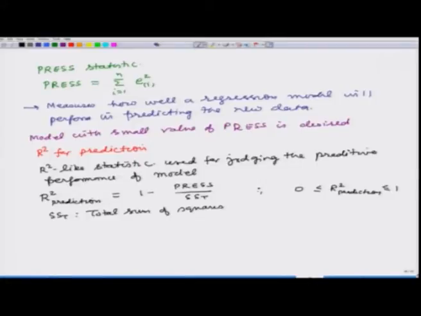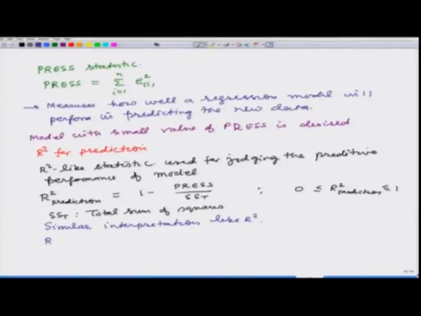And this also has a similar interpretation as R square. For example, when R square is 1, that means the model is really good for the prediction. This is an extreme case. And similarly, if R square is 0, that means the model is not at all good for the purpose of prediction.